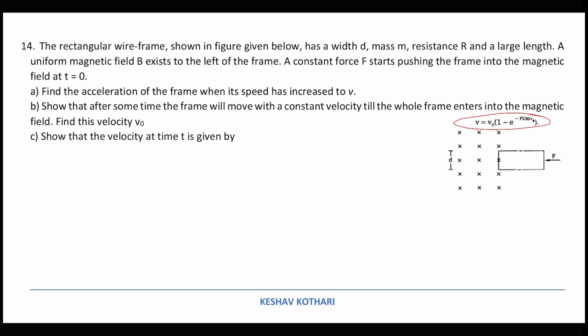So if we start understanding this problem, the first thing which I wish to state over here is the following facts. As this loop enters this region of magnetic field, the force that is being applied is equal to F in this direction. As it is inserted into this magnetic field, a current is induced in this loop in this direction.